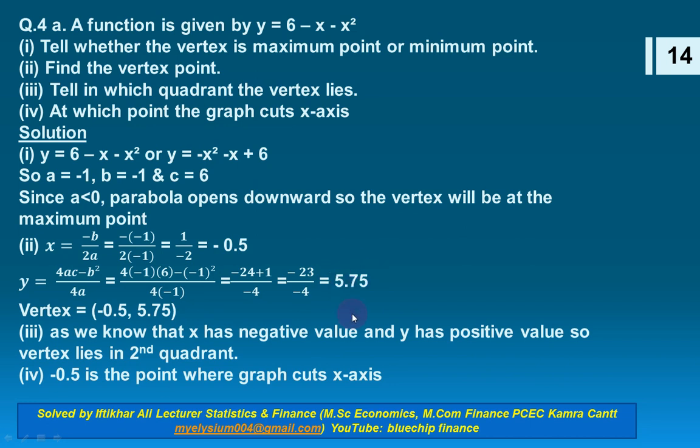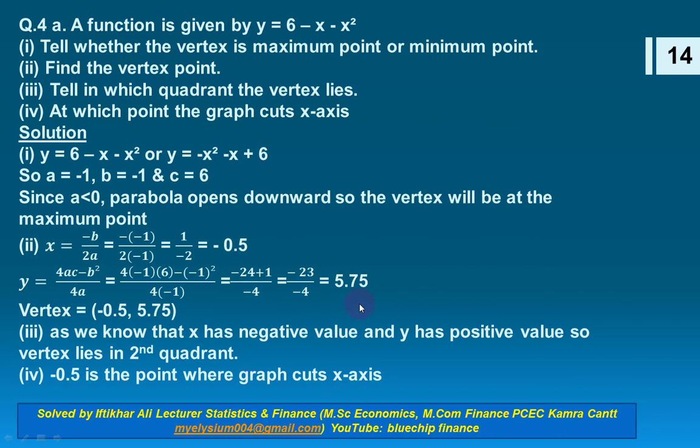So it should lie in the second quadrant, because if you saw the 4-quadrant diagram, the first quadrant is plus x and plus y, the second quadrant is minus x and plus y, the third quadrant is minus x and minus y, and the fourth quadrant is minus y and plus x.